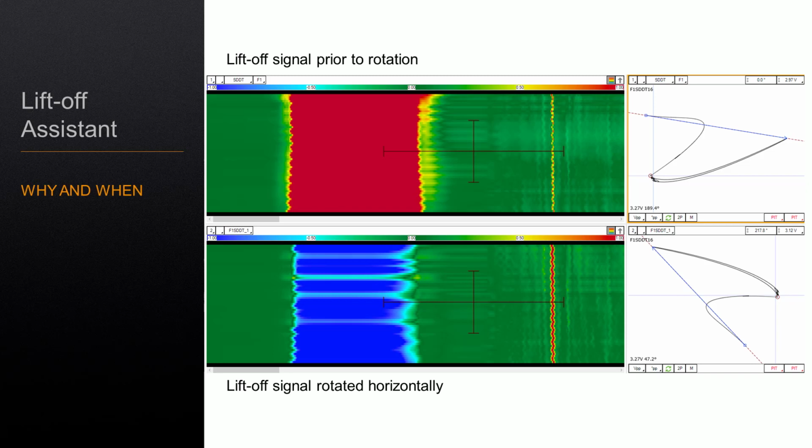Once the liftoff is horizontal, as we can see on the bottom portion of the image, the notch becomes easier to locate in the C-scan. So the liftoff is in the blue range of color, and the notch becomes more red, so easier to locate.